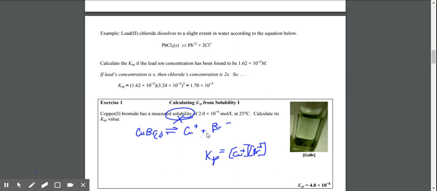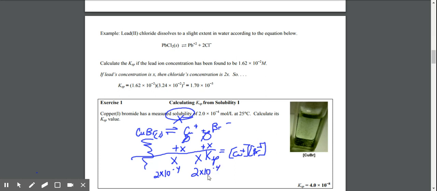And now we plug in our rice chart. The solid we don't care about. This is 0. This is 0. This is plus x. This is plus x as well. And so my x value is given to me, solubility. So that means that this is going to be 2 times 10 to the negative fourth. This one is also going to be 2 times 10 to the negative fourth.